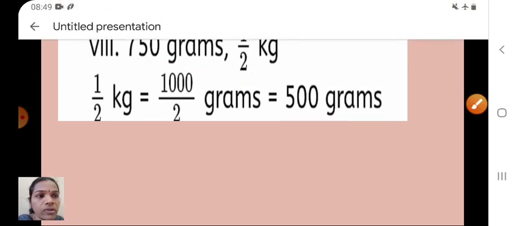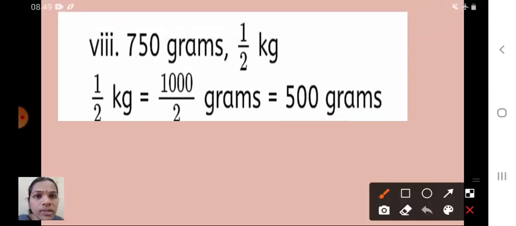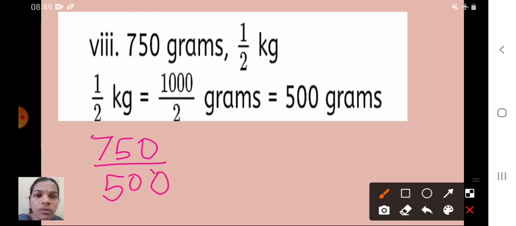So first which one we have to write? Yes, first quantity, that is 750 grams upon 500 grams. So now what we have to do? We have to cut this 0. Now 75 and 50, these two numbers will come in which table? That means highest common factor. 25 ones are 25, 25 twos are 50, 25 threes are 75.